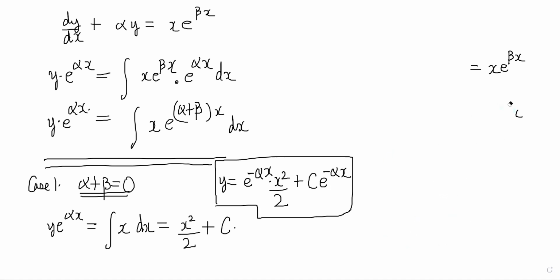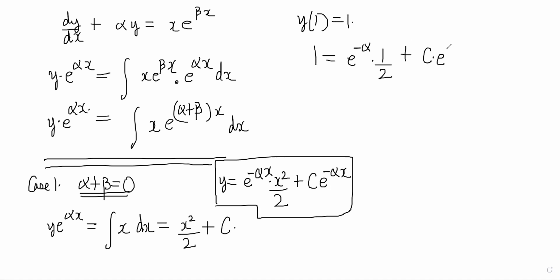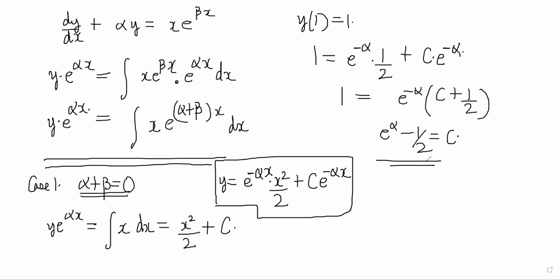Put that in this equation: you get 1 equals e^(-α) times (1/2 + c). So e^(-α)(c + 1/2) = 1, so e^α - 1/2 = c.